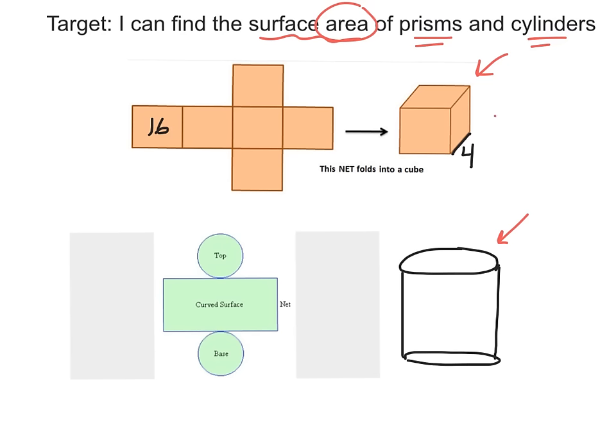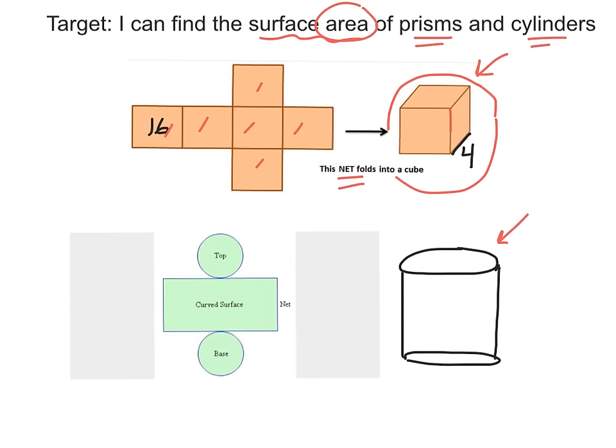So this cube has 6 faces. You can count them: 4, 5, 6. So if I unfold the cube, I look at it as a net. If I think about it like this, I can find the area of one of the faces.